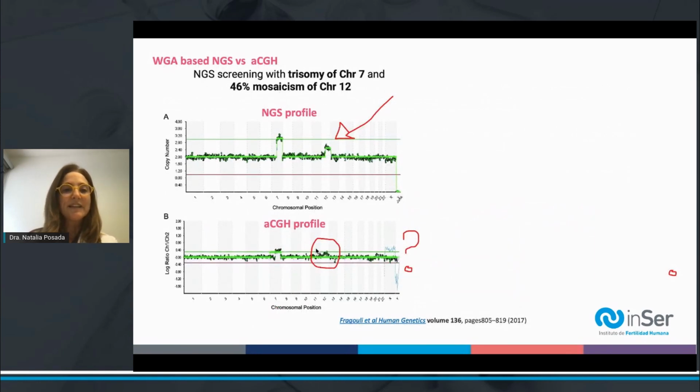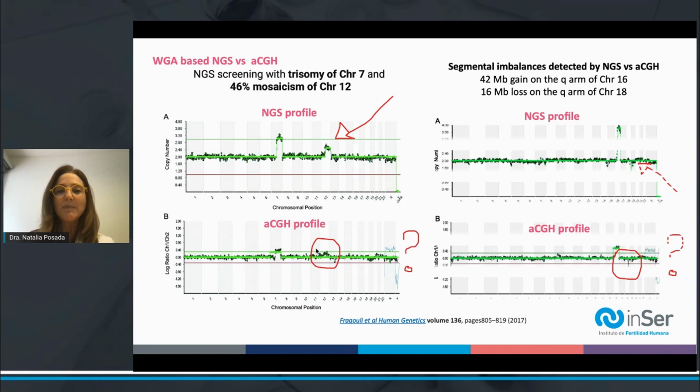Here we can see the difference between the NGS profile and the previous comparative genome hybridization profile by arrays, in which it is obvious that mosaicism is not clearly identified as it is with the NGS profile. It's difficult to tell whether this chromosome 12 in the lower aCGH profile is actually a mosaic or if it's just technical noise.